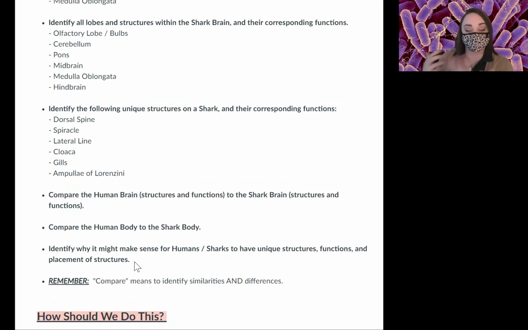So for instance, if sharks have extra structures in their brain or on their body that we don't, why does that make sense for a shark, what it has to do in its environment? If humans have a structure in their brain that's unique to us that sharks do not have or do not have as developed, why do you think it makes more sense for us to have that versus sharks?